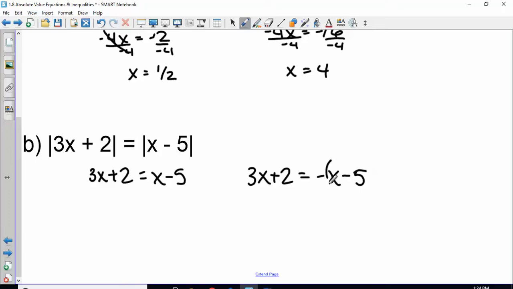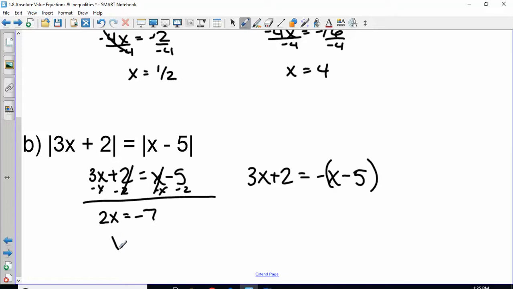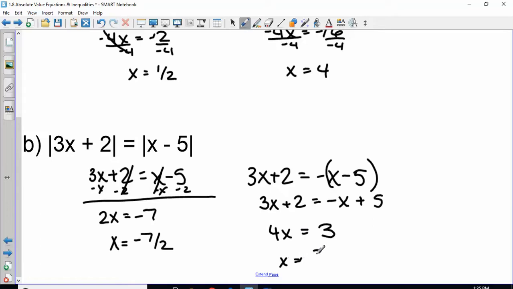I want to do the opposite of that entire thing, so you have to distribute that negative here. Then if I solve these, subtract my 2, subtract my 5, divide by 2, so we get -7/2. For the other, add my x, subtract my 2, get 3.